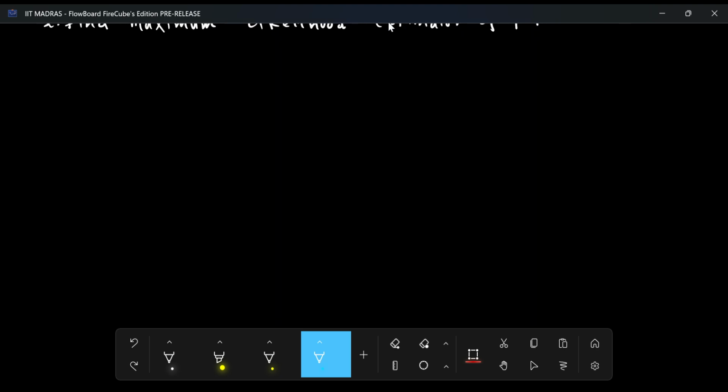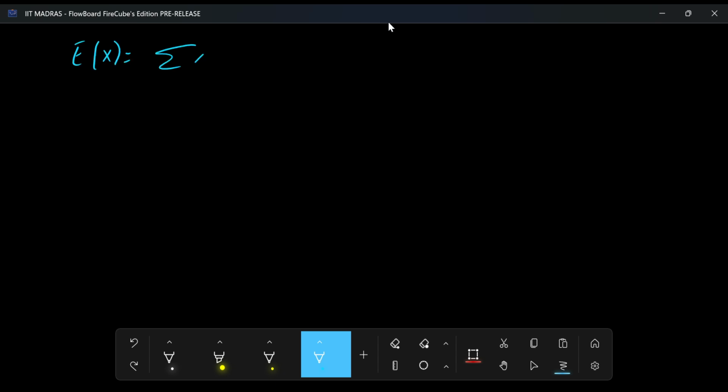पहले इस चीज को समझते हैं कि what's my expectation of x. It is the sum of x times p of x, x is equal to 0 to n or infinity ले लो, ठीक है? Sum of xi p(xi). So this is my expectation. Whenever we talk about method of moment estimator, try to make this expectation of x equal to x bar.